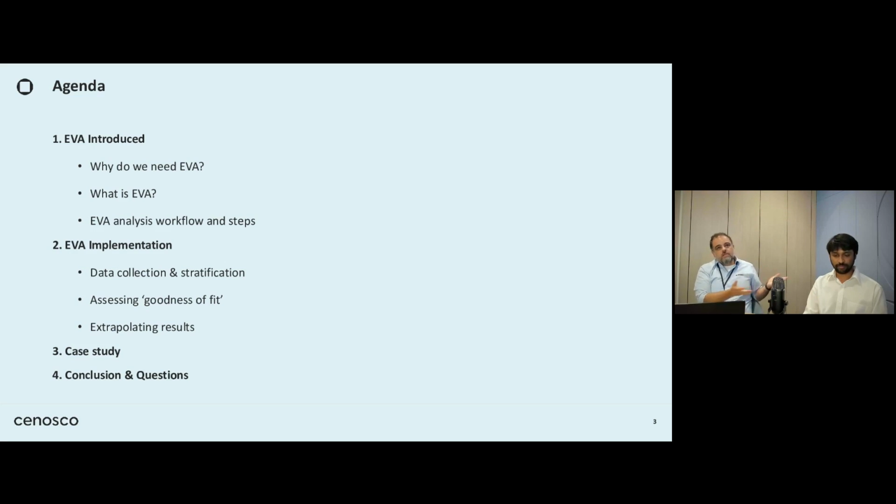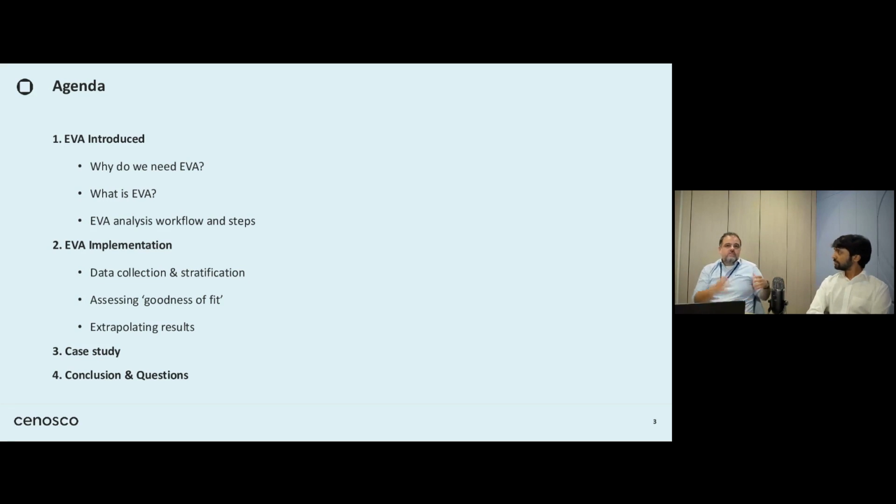EVA means extreme value analysis. So we're going to talk about the theory, what it is, what is the benefit, why we've come with that methodology. We can look into how to implement, what is the configuration, how to collect the data, how you analyze the result.